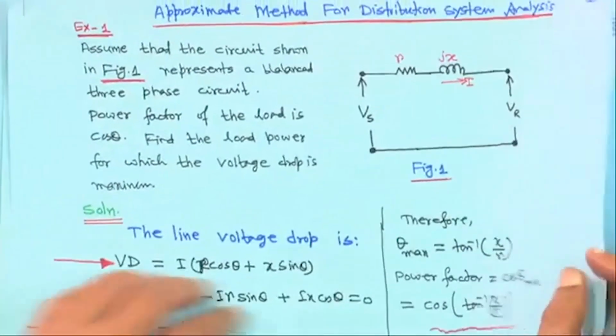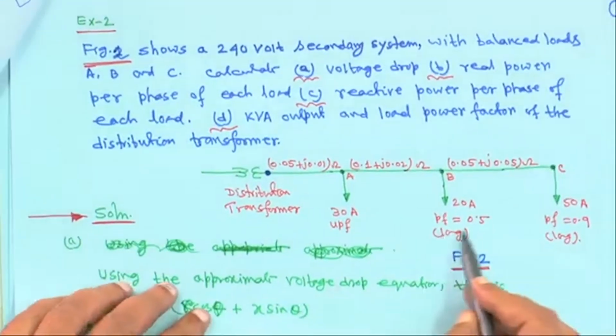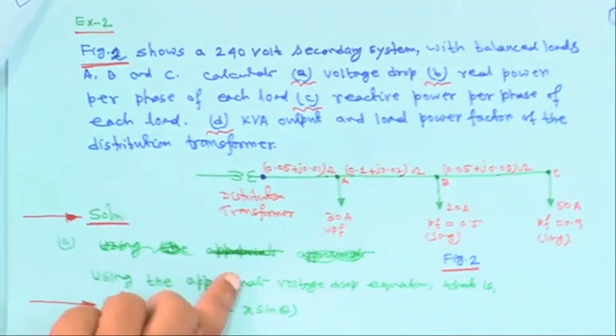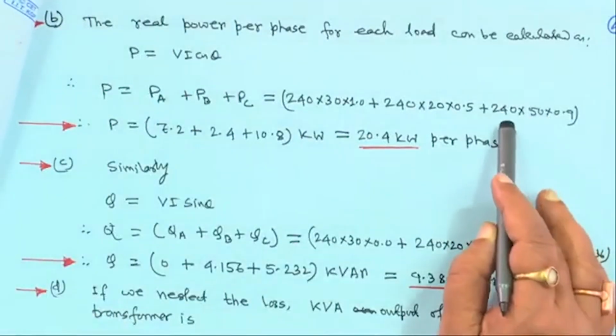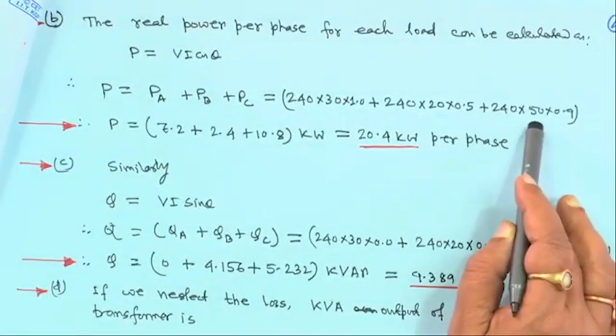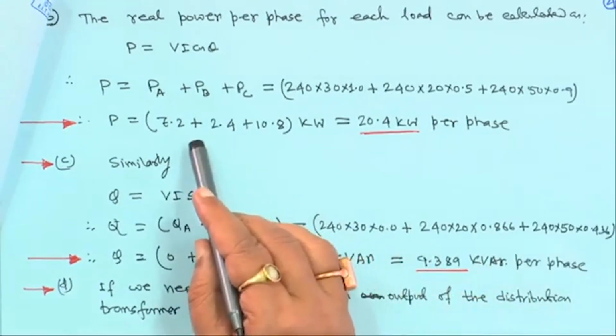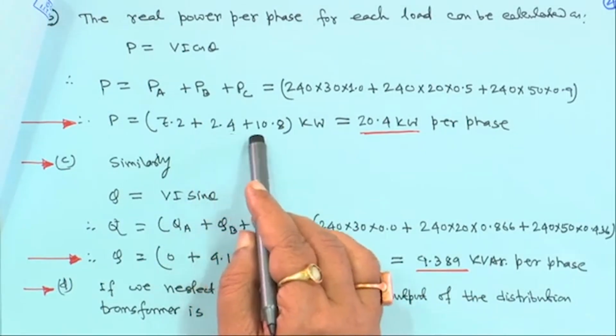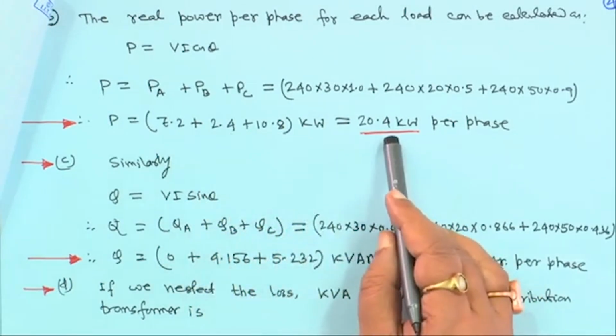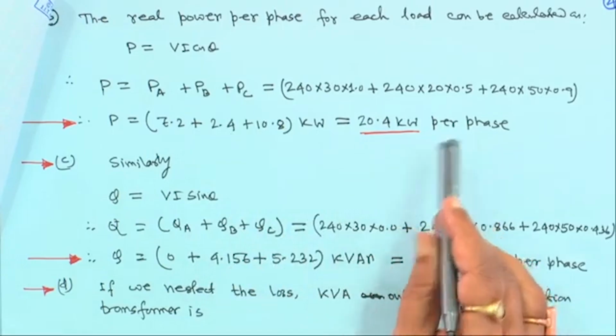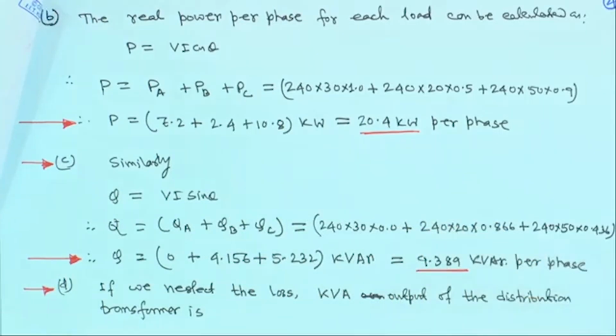Everything is given, unity power factor, lagging power factor, all data are given. Based on that we are putting, and V is 240 all the time, 50 into 0.9, right. So, the total power will be 7.2 plus 2.4 plus 10.8 kilowatt, that is 20.4 kilowatt per phase.